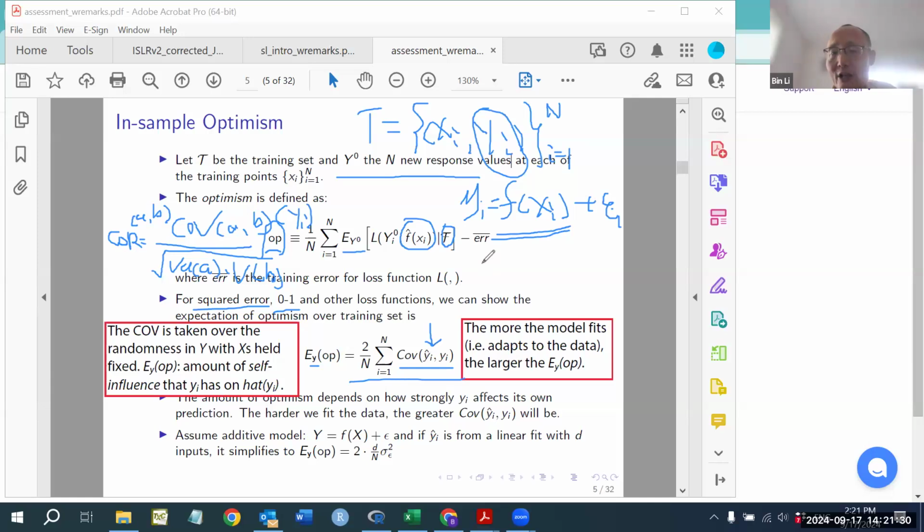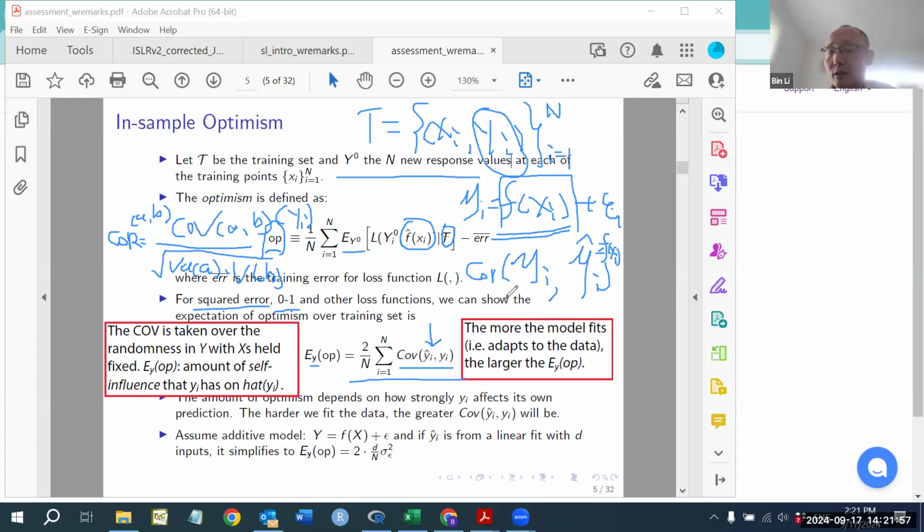So what is the correlation between the yi and the yi hat? And by the way, what is yi hat here? If we have a model f(x), then yi hat is f(xi), is that right?